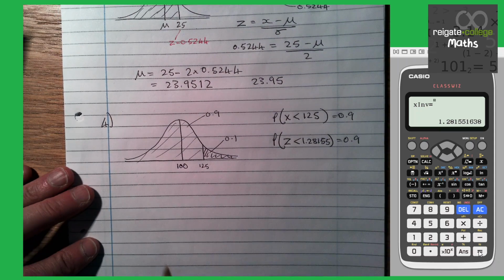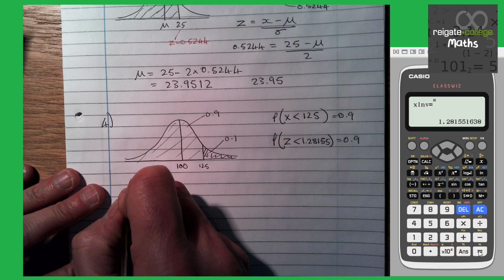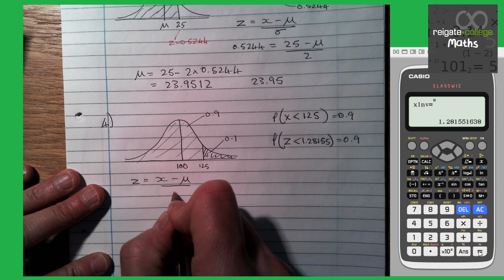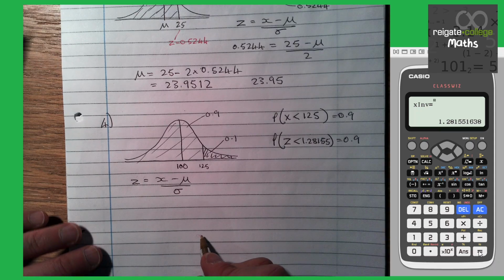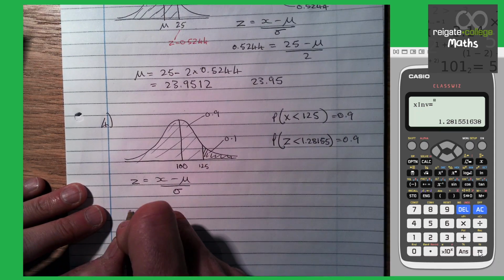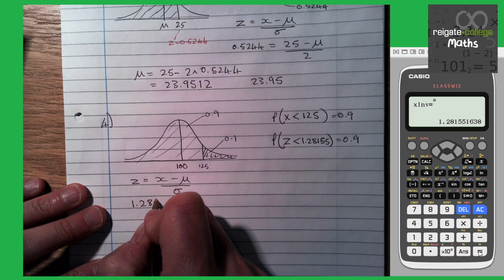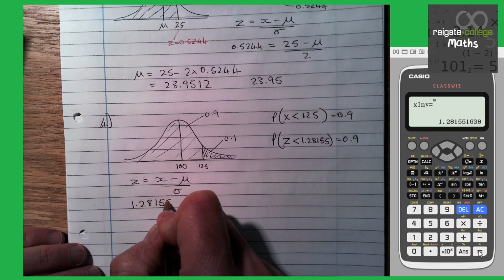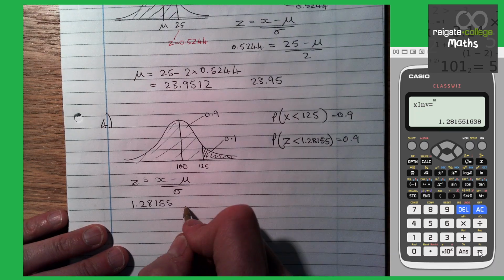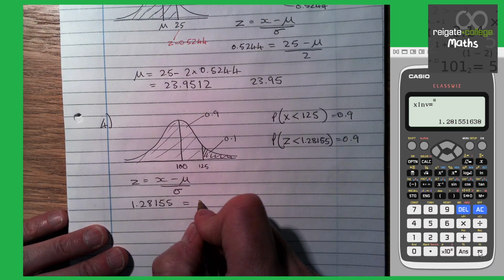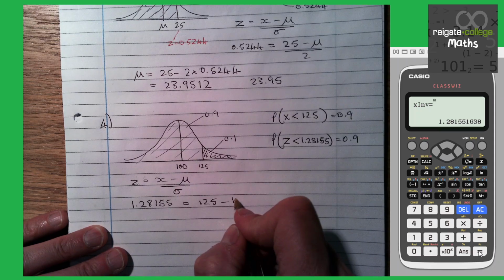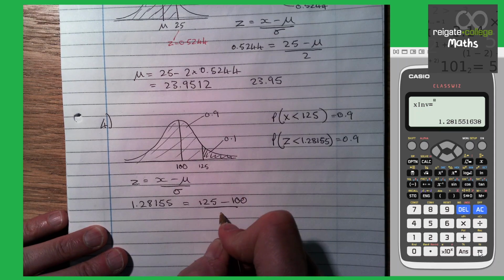So again, we're going to use z equals x minus mu divided by sigma. This time it's sigma that we don't know. So our z value, 1.28155, is equal to our value of x, which is 125, minus our mean, which is 100, over sigma.